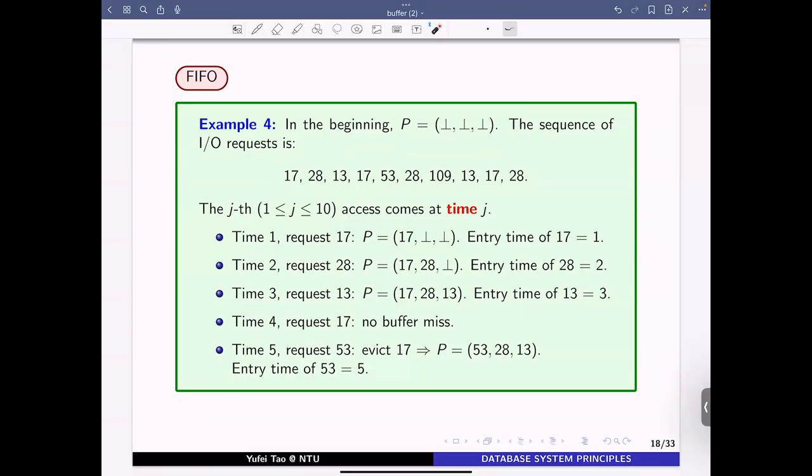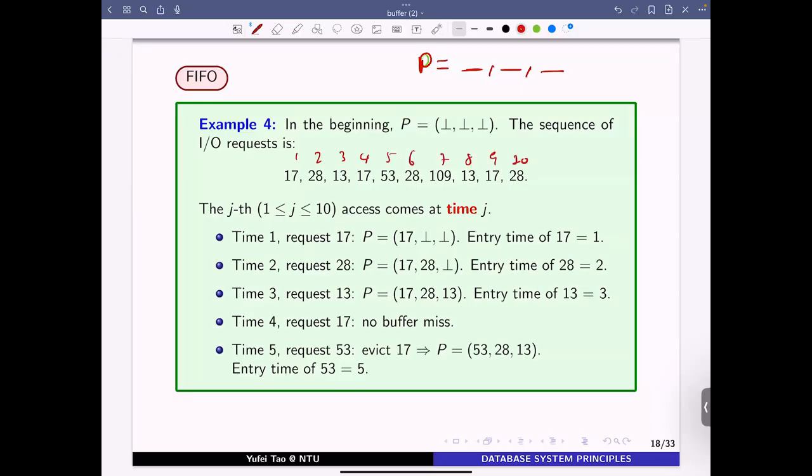It's not like Belady's. Belady's algorithm is an offline algorithm because it has to look into the future. FIFO never needs to look into the future. Let's see. Let's once again maintain our pool here. We've got 3 positions. Now these are the timestamps.